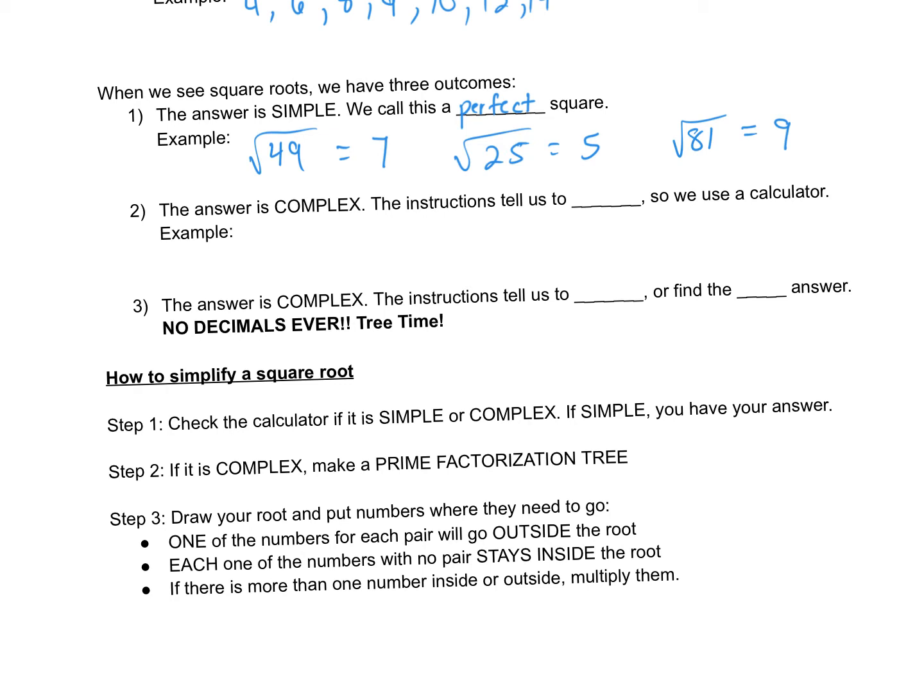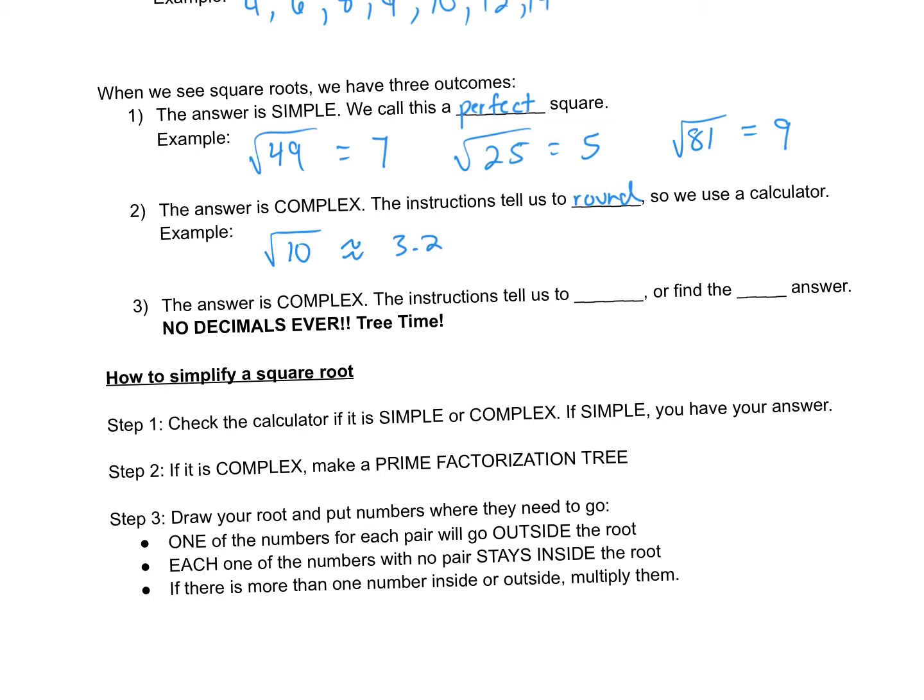However, if the answer is complex, the instructions tell us to round, and we use a calculator. So for example, the square root of 10 is not a perfect square, but if they say round, we use a calculator, and it's about 3.2.